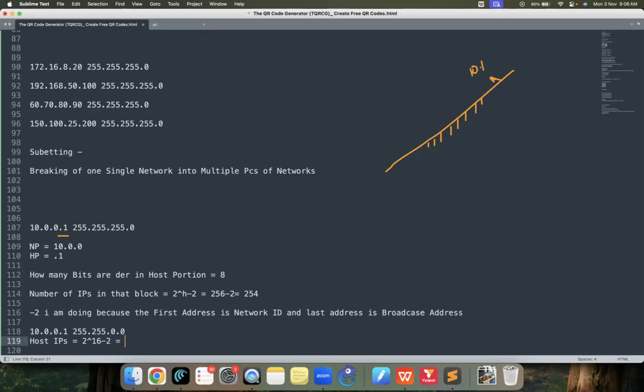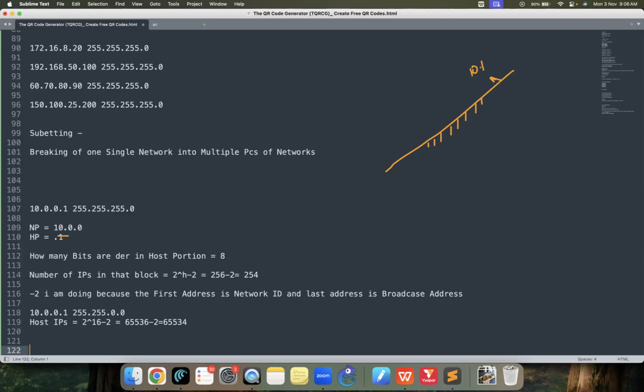What will I get? 2 into 2 into 2, 16 times. 65,536 minus 2 is equal to 65,534. Now you guys tell me, is it practically possible that in one single LAN, I'm going to have 65,534 computers? Is it true?